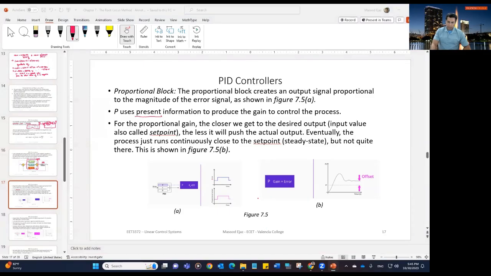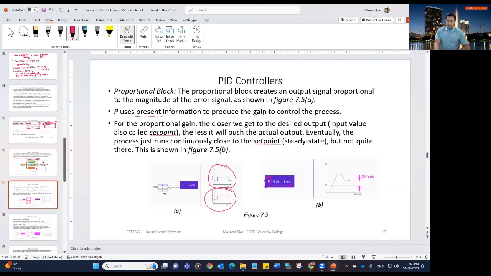So this is your input signal, the error signal right here. And that is multiplied by a constant value, Kp, and the output signal is produced. So gain times error, that's your proportional block.